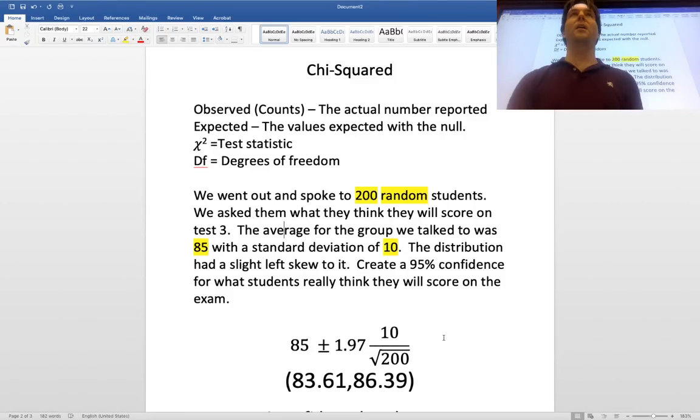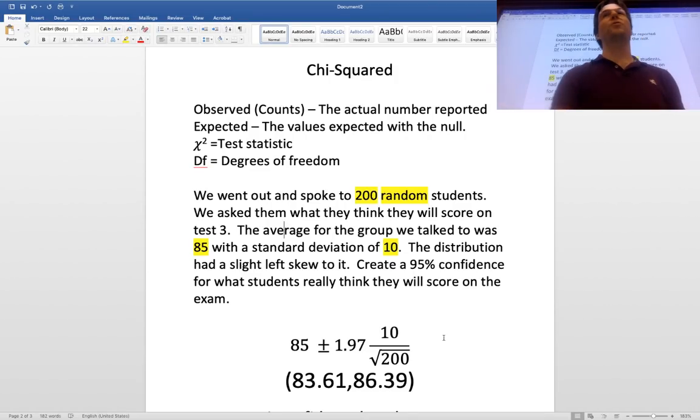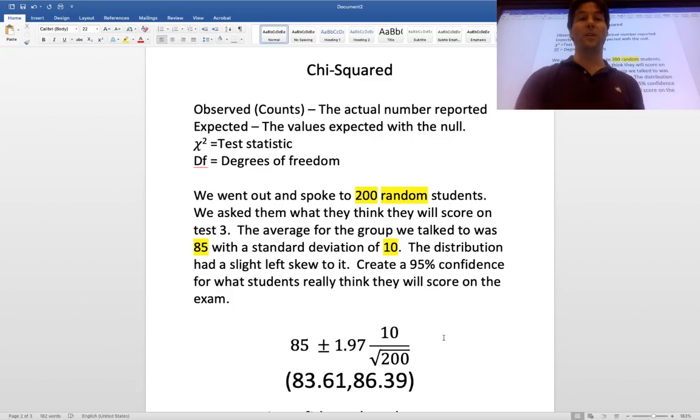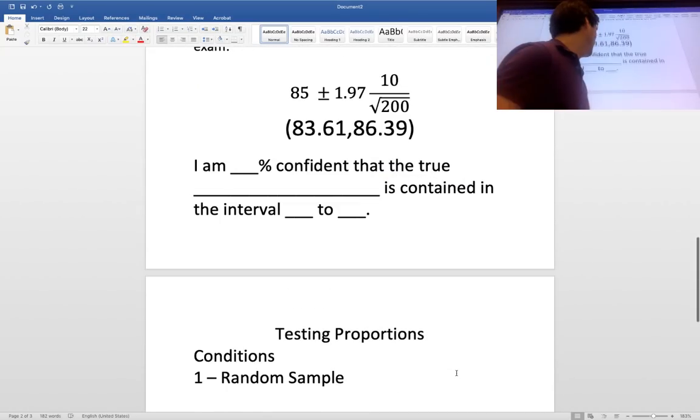So we try to make that as clear as possible, pretty easy, because in truth, in the world, it's a lot harder to take a random sample than just saying you did. Don't worry about going too particular on it. If we don't say that it's a random sample, don't say it's a random sample. We're going to try to make it as clear as possible on the test and not try to trick you, though. So that's condition 1.